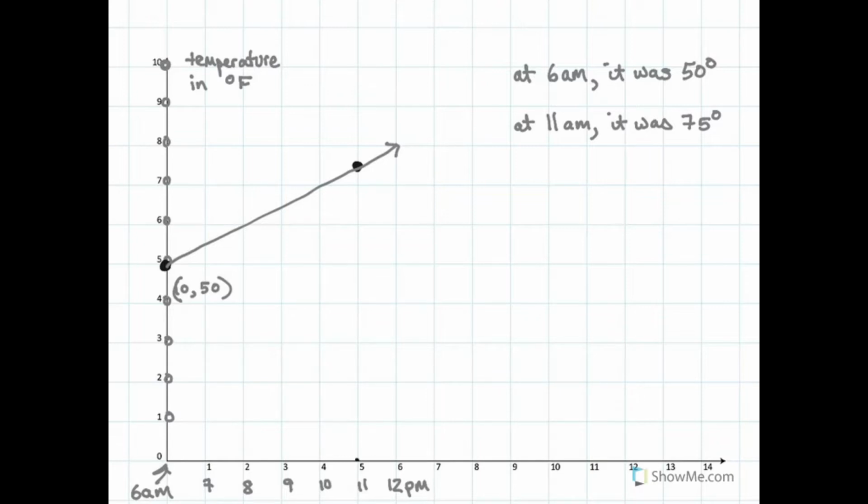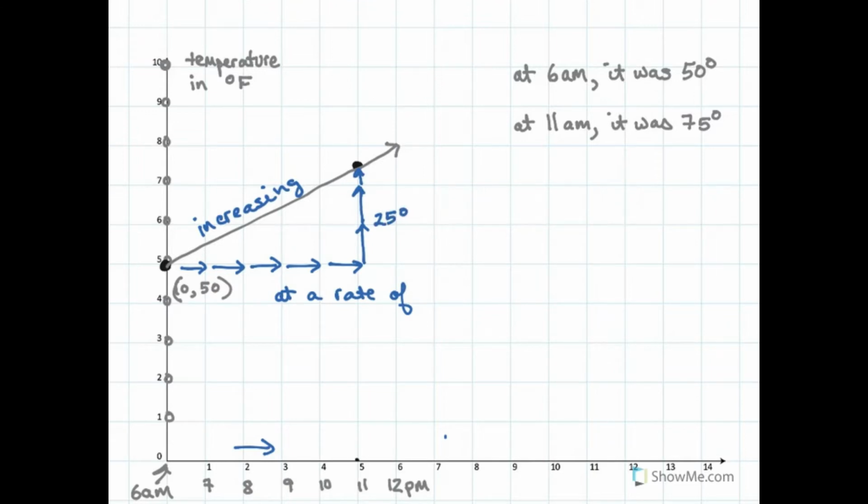And then how fast is the temperature increasing or decreasing? Well, it's increasing because as time goes forward, the temperature is going up. And it's increasing at a rate, well, in 5 hours, 1, 2, 3, 4, 5, it's gone up 10, 20, 25 degrees.